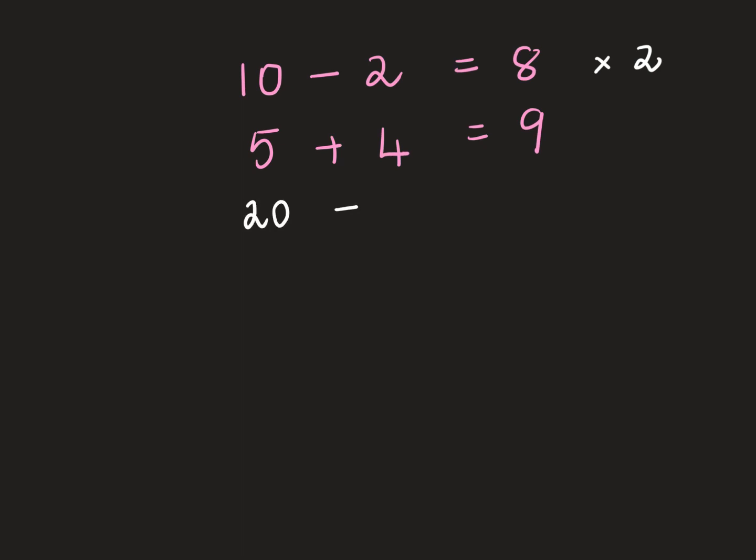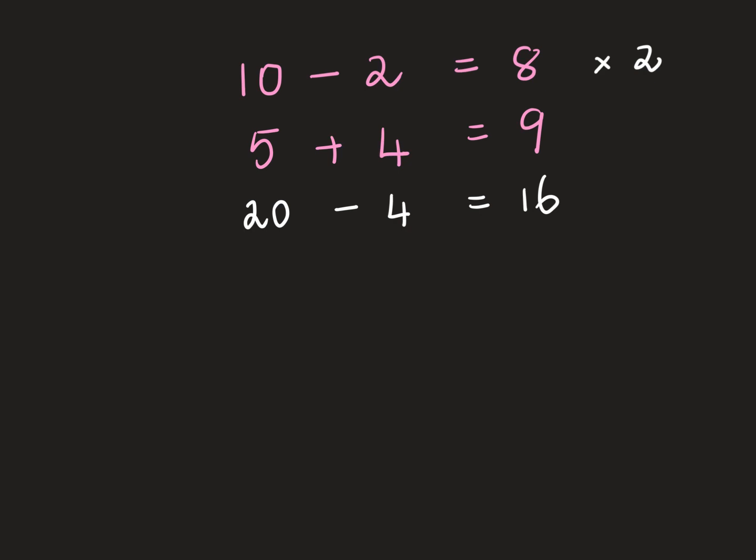Have a look at this true statement. Here is another true statement. What I can do is I can multiply this one by 2 and then I can add them together. Watch what happens now. If I multiply that first one by 2, 20 minus 4 equals 16.